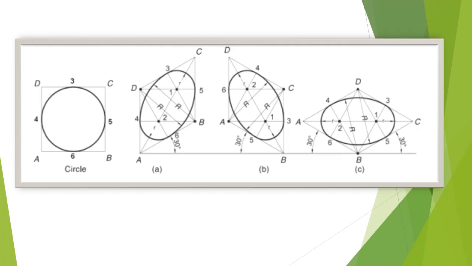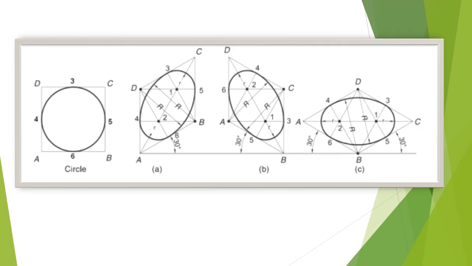Mark the points 3, 4, 5, 6 as midpoints of square and project these points on the rhombus. Now join the points to get lines AC, D6, B3, D5, B4 and locate points 1 and 2 as shown in figure A. Now with 1 as a center and radius 1, 3, draw a small arc 3, 5.